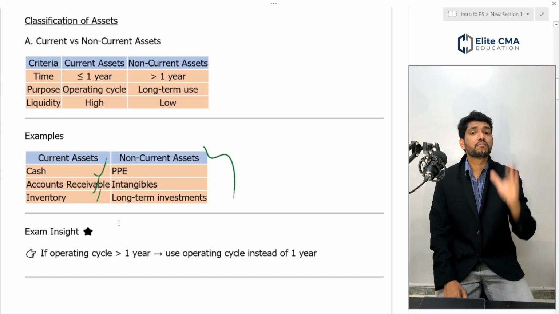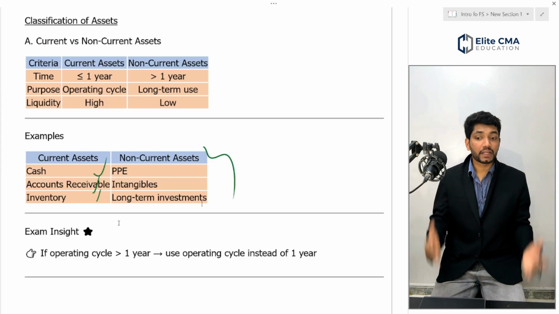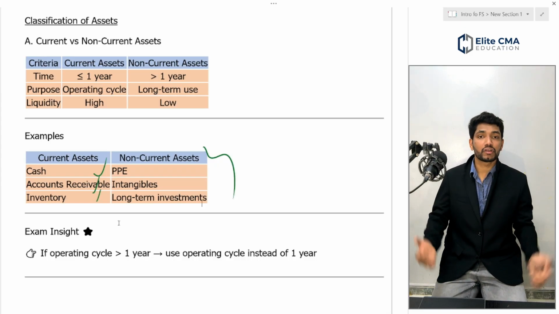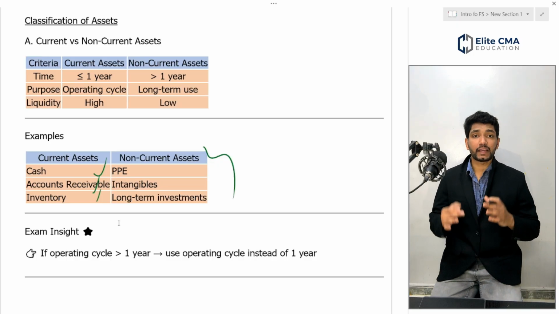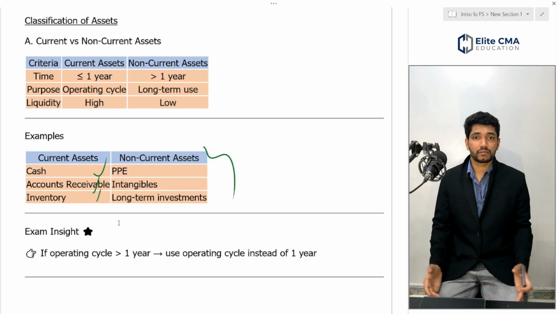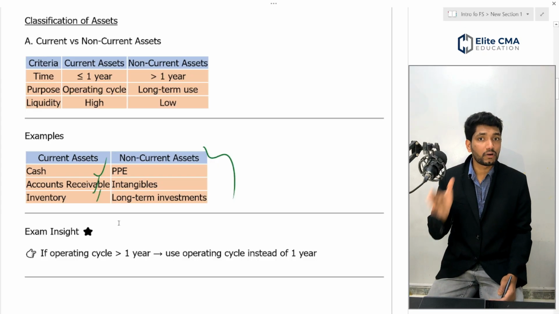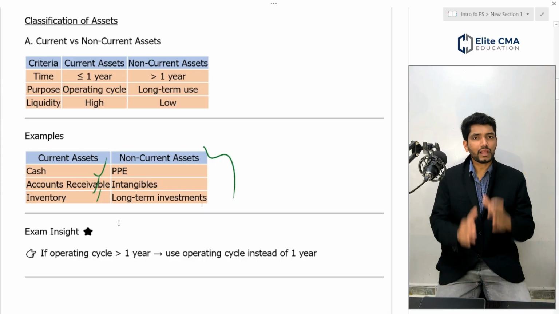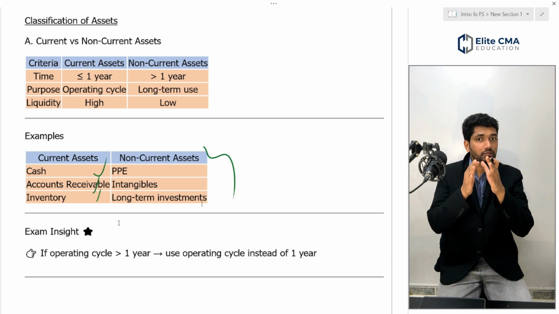One key important thing about why we classify current and non-current assets: if a company's operating cycle is more than 1 year, for example a company producing big machinery or big equipment, in some cases the operating cycle may be more than 1 year. In these cases, we consider the operating cycle, not 1 year, to classify current and non-current assets.